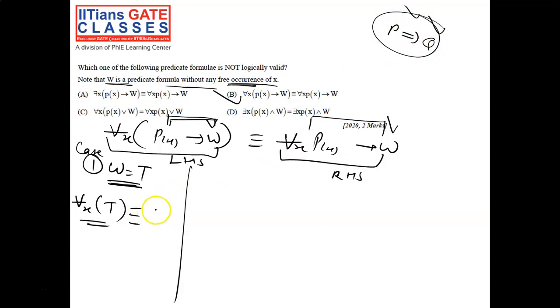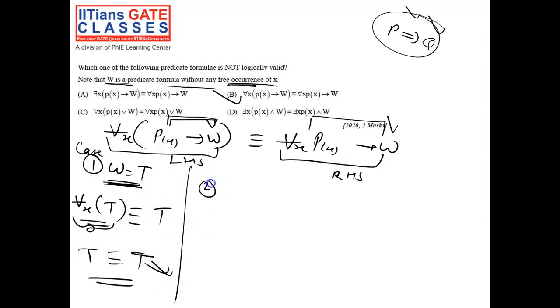So the complete RHS is true. For all x true means true, because for every x it is true. So true and true are equivalent. Yes, in case 1, when w is true, both sides are true.